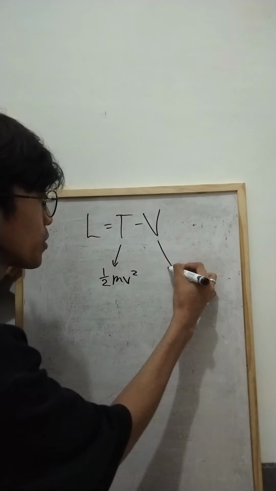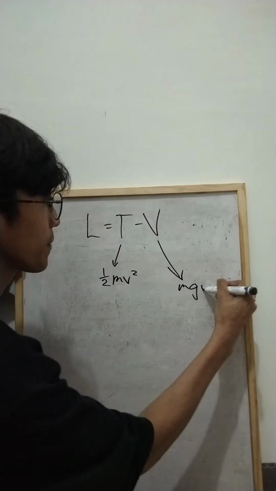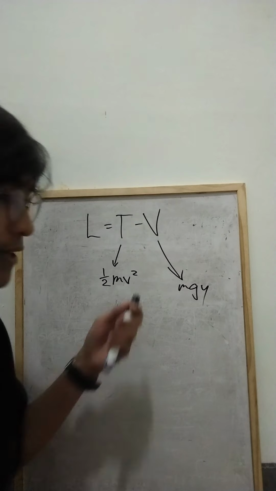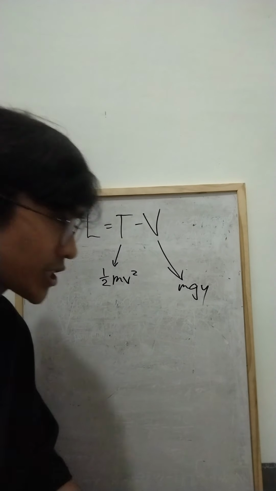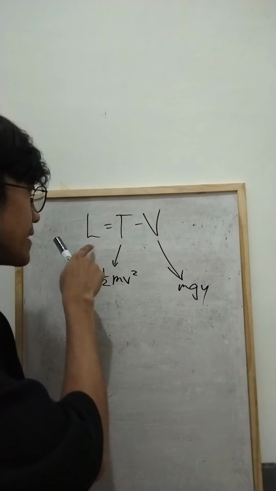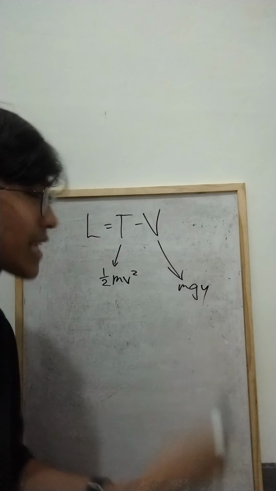The potential energy, which is V here, is equal to mgy. This is the Lagrange equation of motion, and it approaches the same answer as Newton's law of motion. Even though it just looks like this, there is a process on how to use this type of equation.